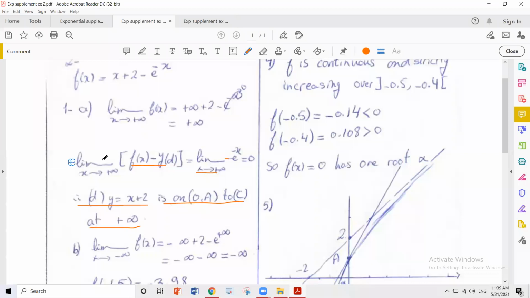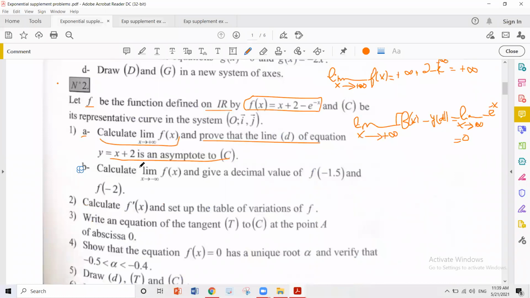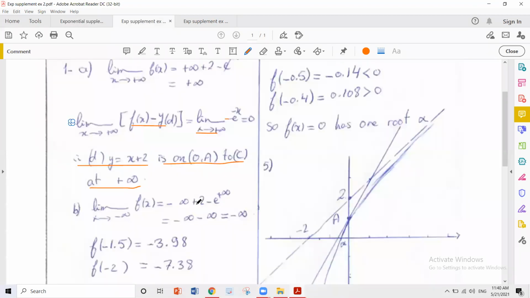Part B. Calculate limit as x tends to minus infinity and give a decimal value of f of minus 1.5 or f of minus 2. Limit as x tends to minus infinity equals minus infinity plus 2 minus e to the power plus infinity.